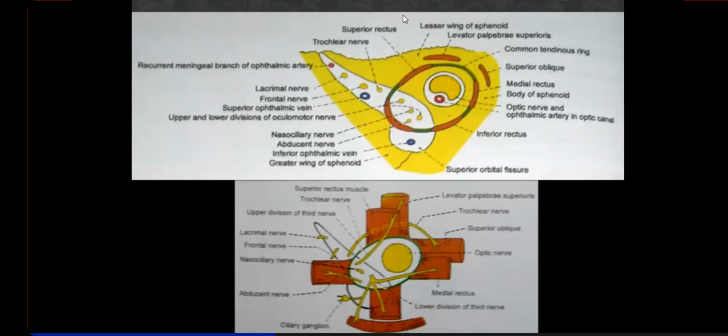I told you this, just like the penile urethra. If you remember the cut sections of the penile urethra, you'll remember. The penile urethra is a transverse slit, and the terminal urethra is a vertical slit. Similarly, the optic canal, when it opens in the middle cranial fossa, is a transverse elliptical opening, while when it opens anteriorly in the orbit, it is a vertical elliptical opening. And at the mid portion of the optic canal, it is circular.